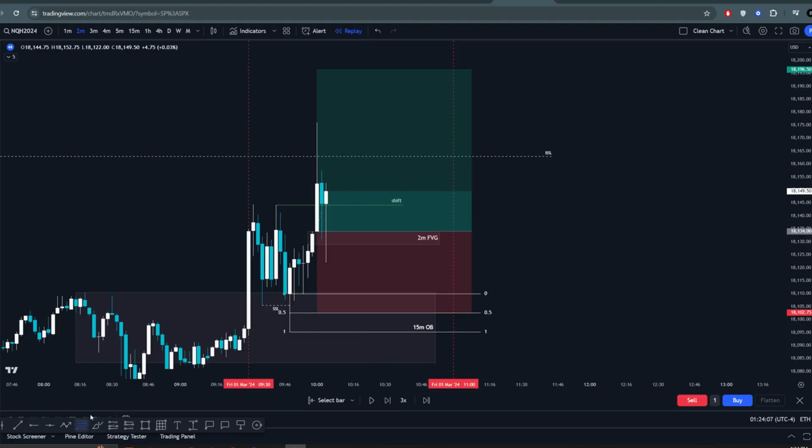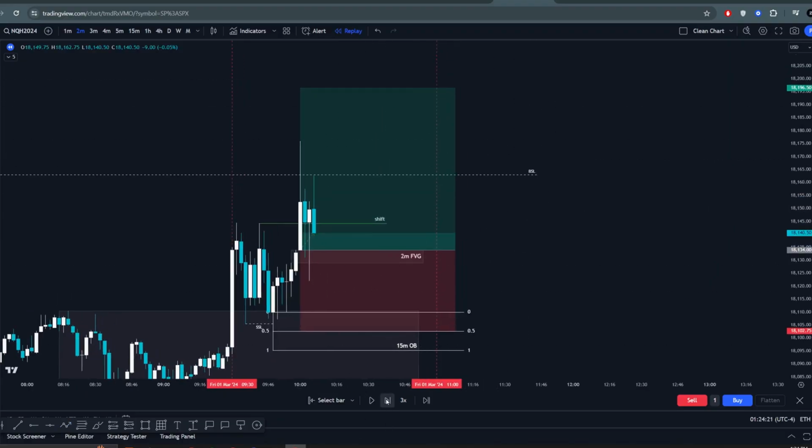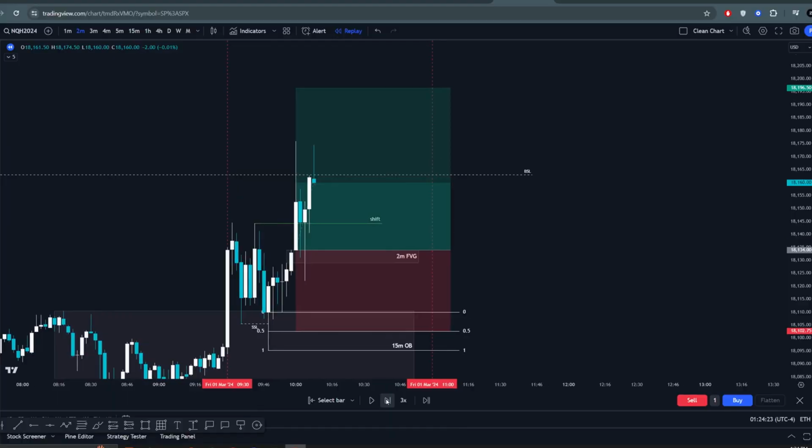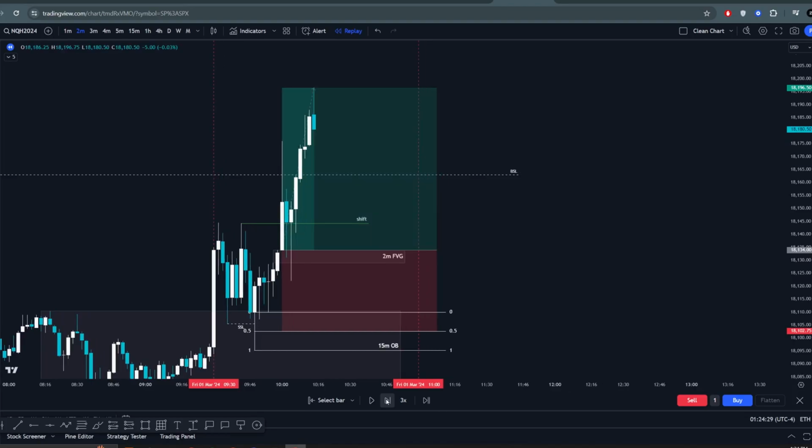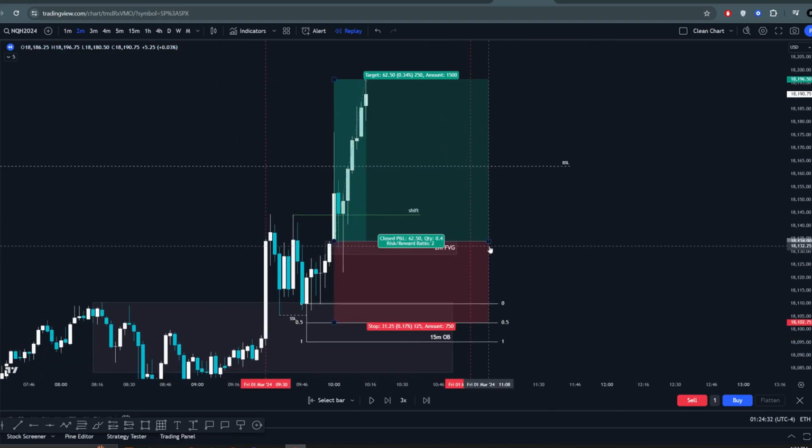Alright, so as we can see, price tried once again to go lower. But since we have this bullish PD array right here, price should respect our PD array and it should continue moving higher. And we're very close to our take profit, and there we have it.